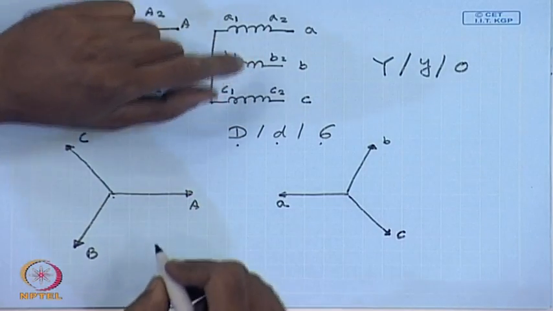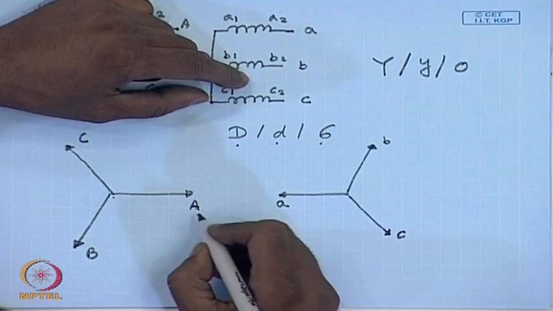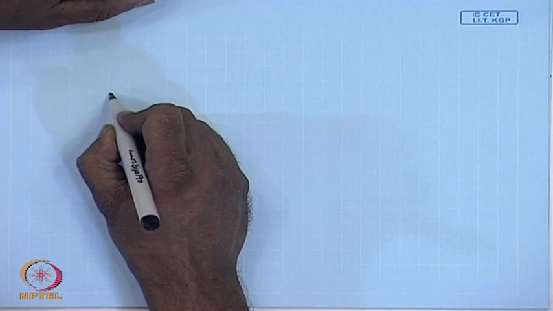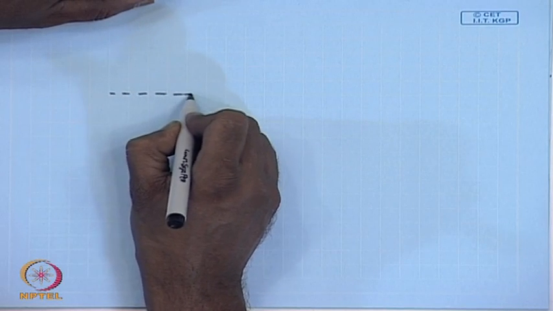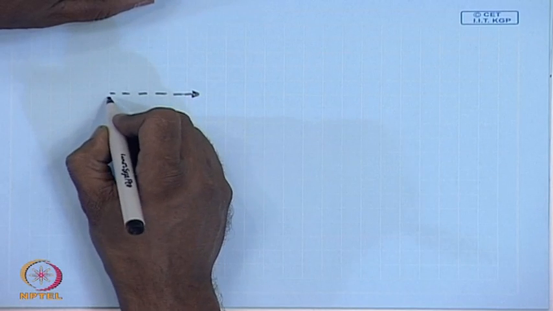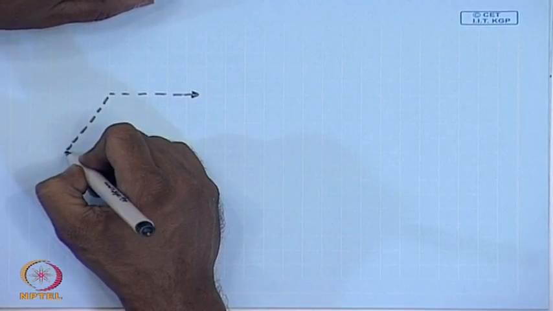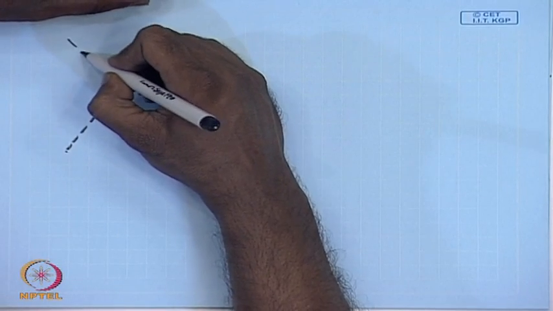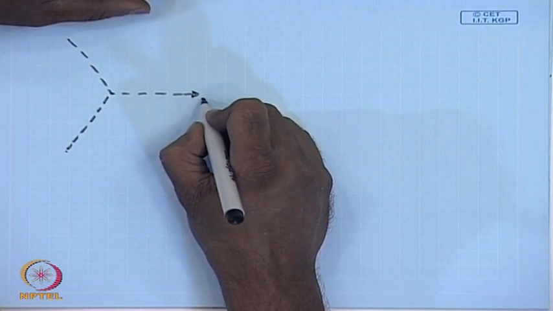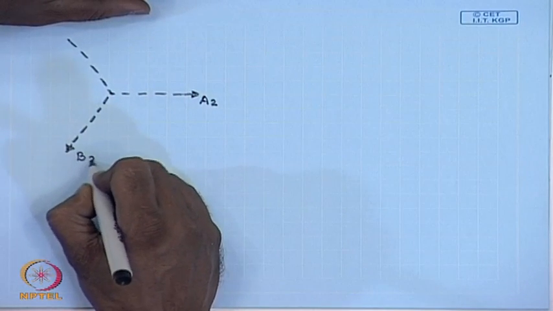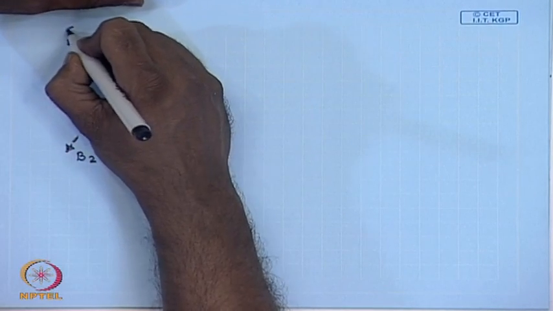However, we will still assume that the lines are connected to A2, this is terminal A2, this is terminal B2, this is terminal C2.